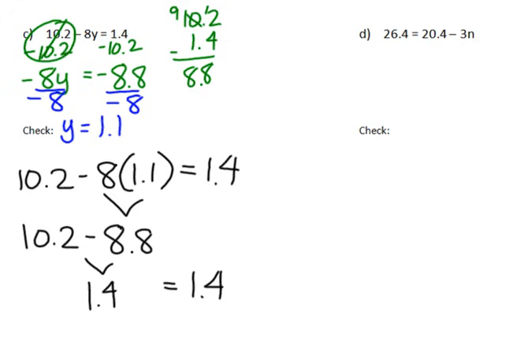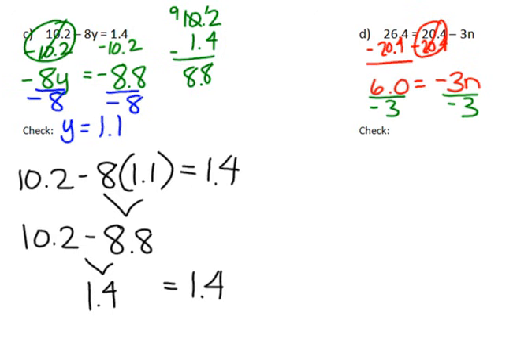All right, part D, I'm going to start by subtracting 20.4 from each side. So 0 pair there, and I'm left with 6, or 6 and 0 tenths, equals negative 3, and be sure you bring down the negative. And then we'll divide by negative 3 on each side, and 6 divided by negative 3 is equal to negative 2.